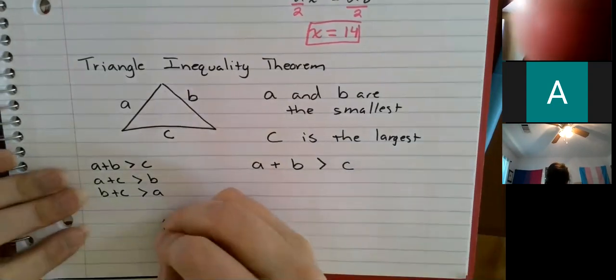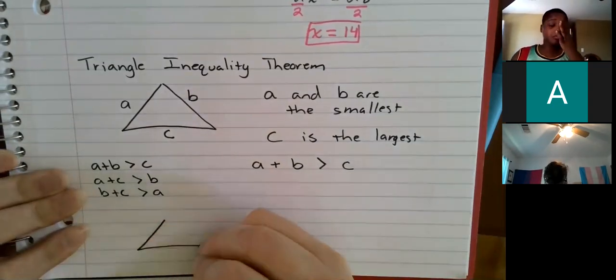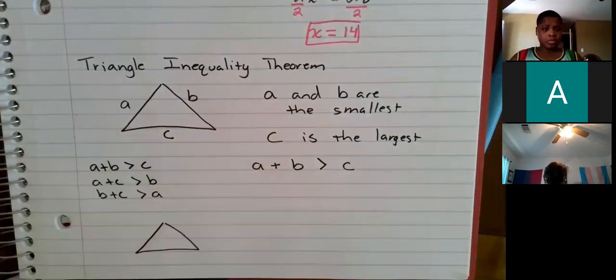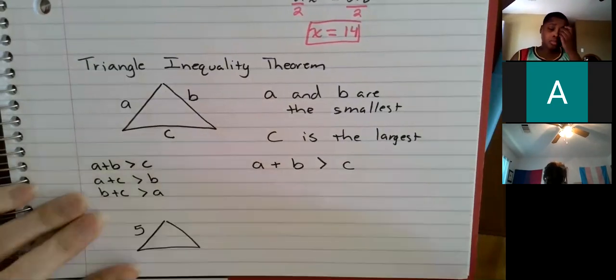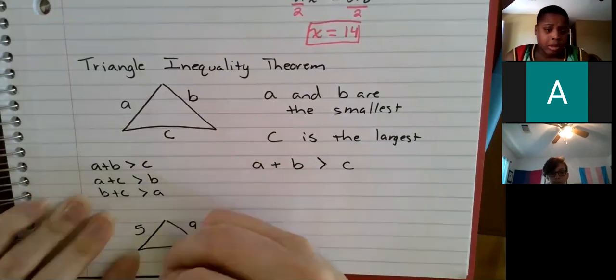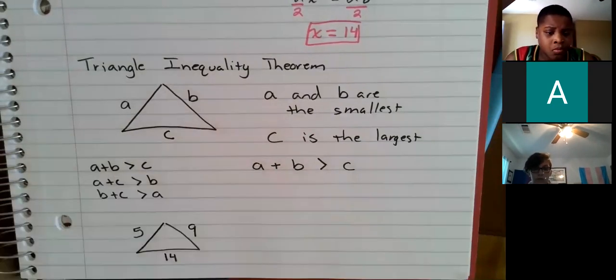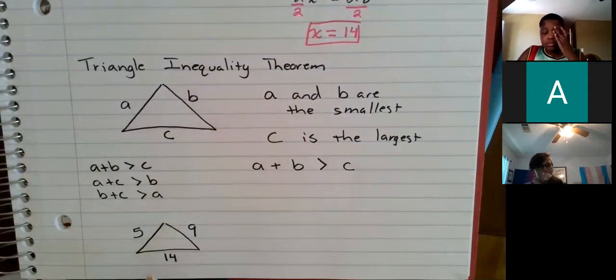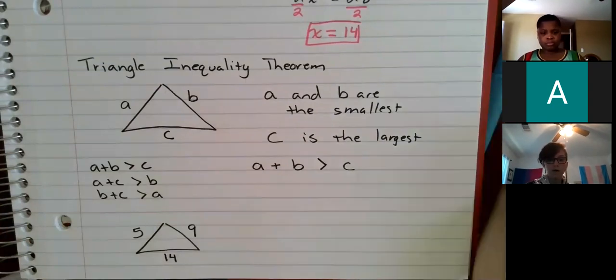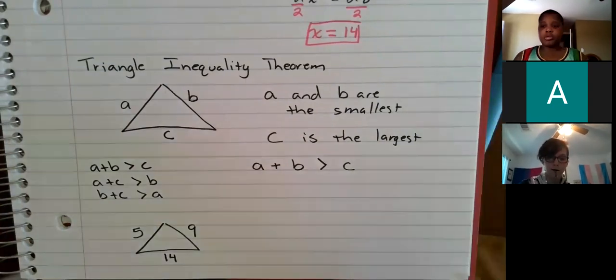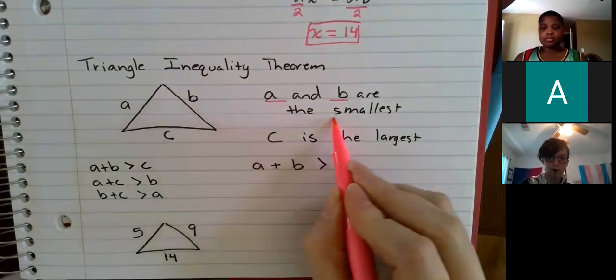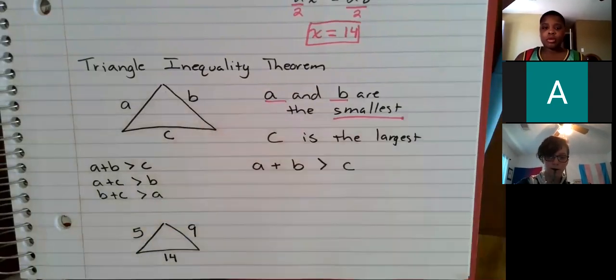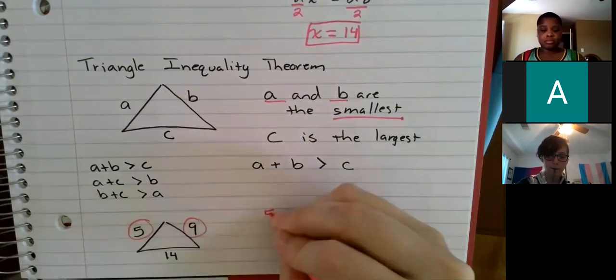So in this case, if I give you a triangle in which I've got 5, 9, and 14, I want to know, is this a triangle or not? Is it truly going to be a triangle or not? So the quickest thing, again, is to focus on my two smallest sides. So what are my two smallest sides? 5 and 9. So my two smallest sides are 5 and 9.